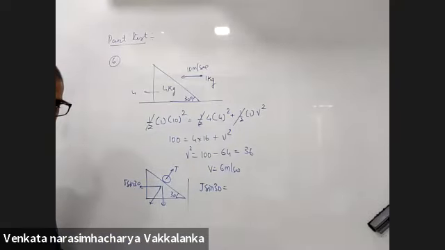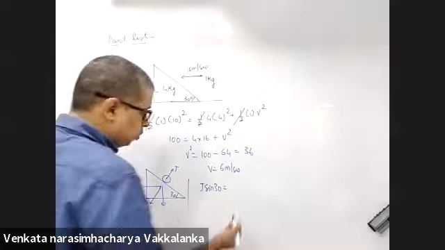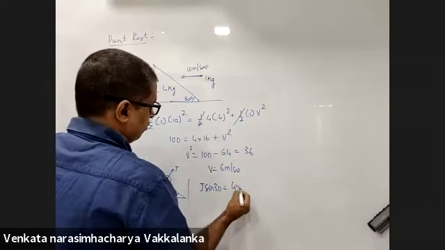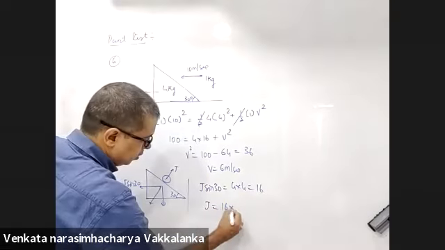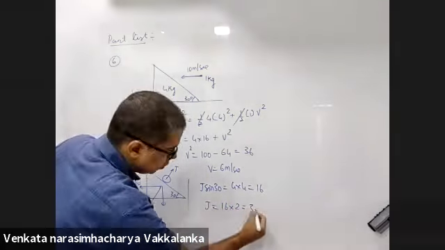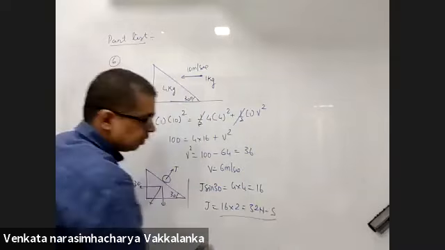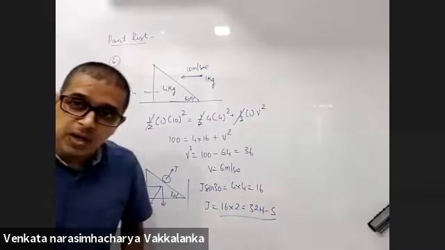J sin 30 is equal to mass into velocity. 4 into 4, 16. So J is equal to 16 into 2, 32 Newton second. What they have done is a smart move.